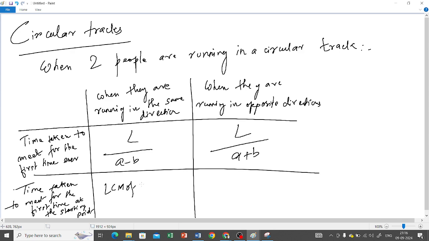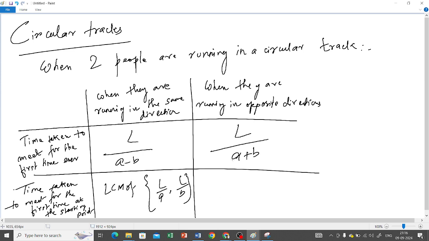LCM of L by A, L by B. LCM of the individual times, L by A. L is the distance, A is the speed. LCM of their time, the time taken by each one of them to run around the circular track.